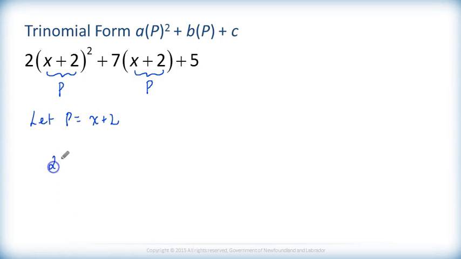We now have 2p squared plus 7p plus 5. I'll make two sets of brackets. Let's move them over a little bit, line things up a bit better. And I've got 2p and p here.